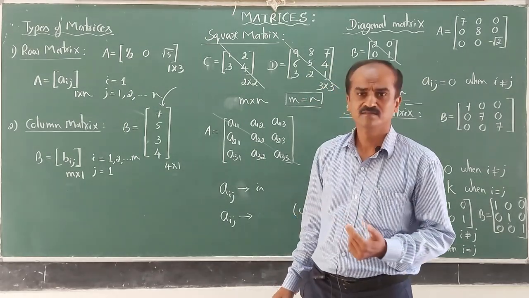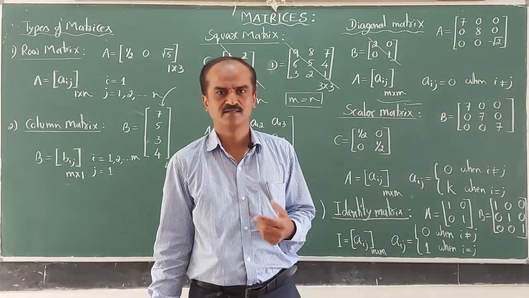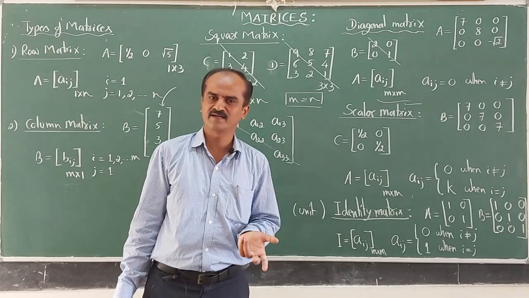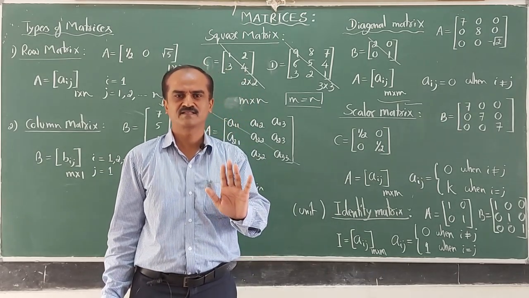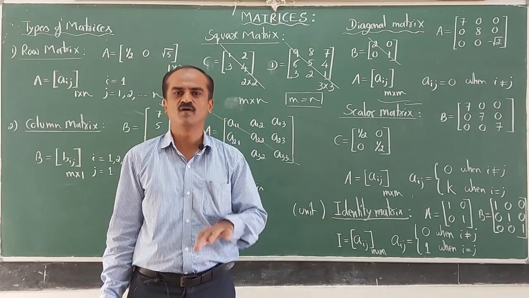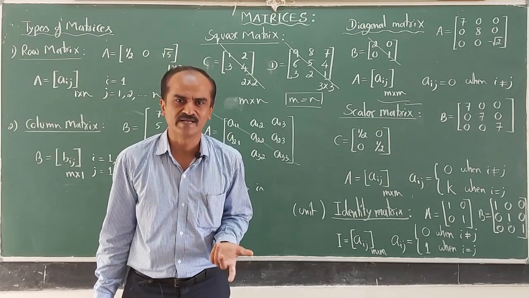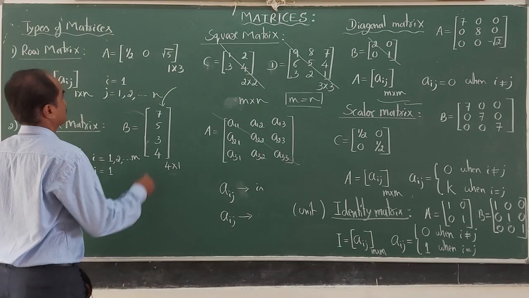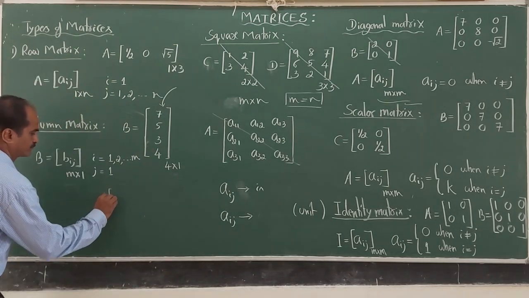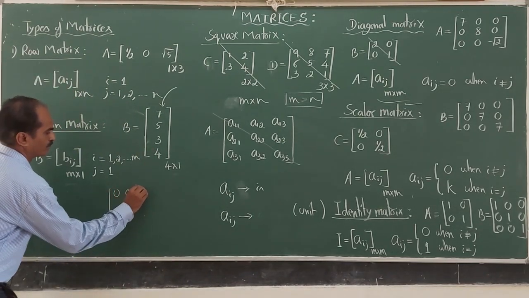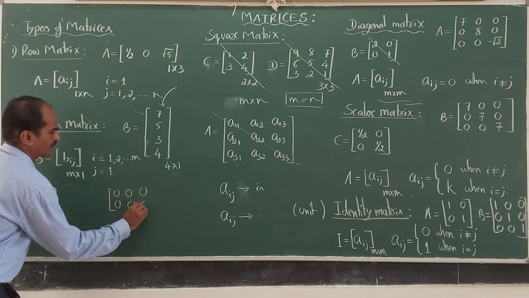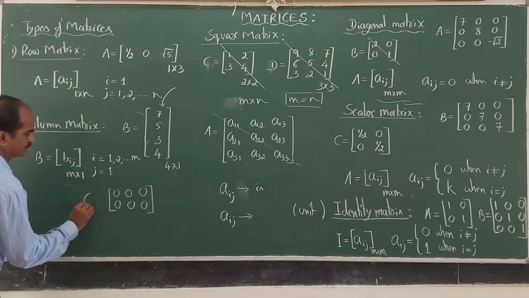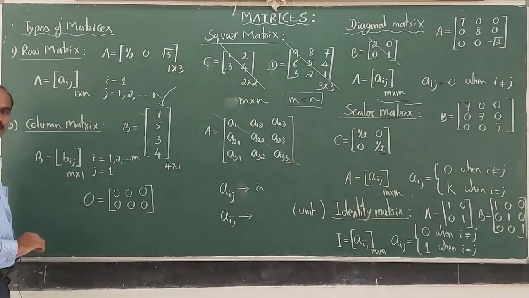Next one, zero matrix. Simple definition, name itself indicates a matrix in which all the elements are zero, all the entries are zero. Such a matrix is called a zero matrix. As an example, I can write, whatever may be the order you write, you write all the entries as zero.